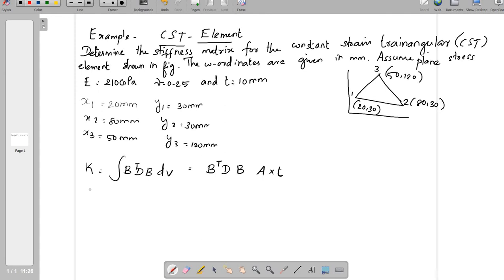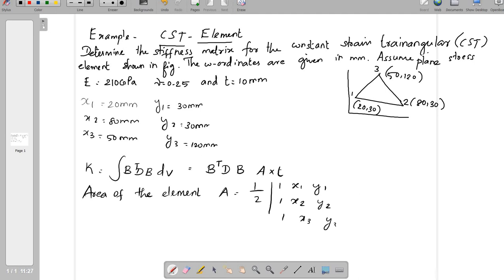The area of the triangular element, we know from the previous derivation, A is equal to half of the determinant of the matrix with rows 1 x1 y1, 1 x2 y2, 1 x3 y3.